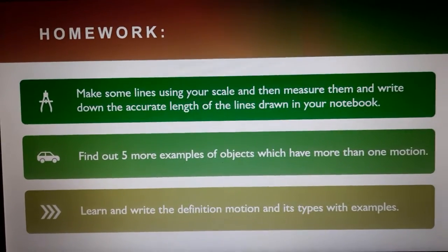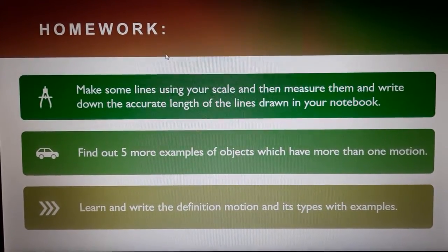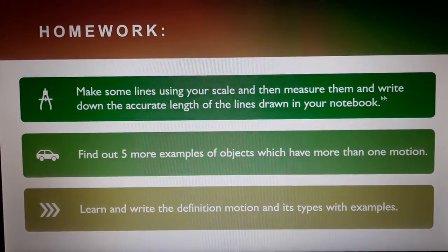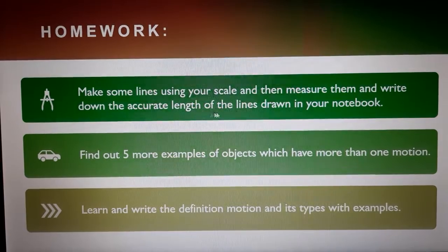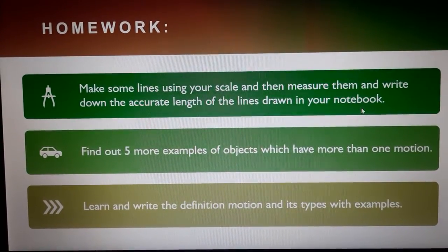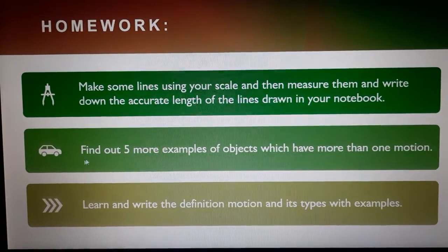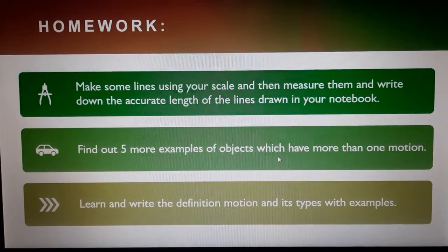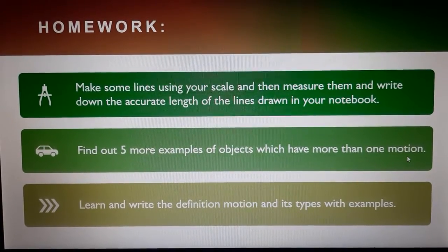So children, I hope you understood this. For homework, you have to make some lines using your scale and then measure them and write down the accurate length of the lines drawn in your notebook. So you have to do this. Then the next one is find out 5 more examples of objects which have more than one motion.